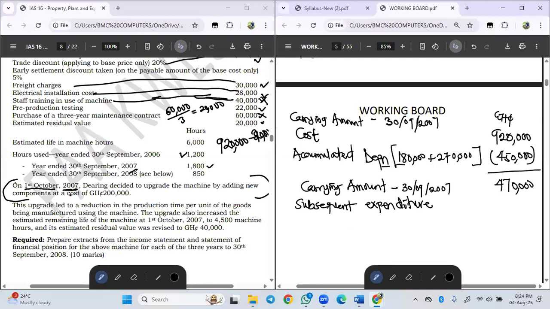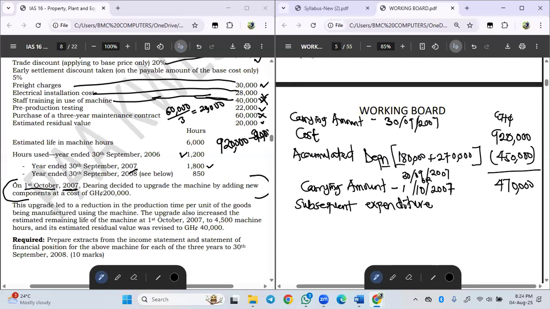If it happened somewhere in January, or maybe even November, then we would have to calculate 1 month of depreciation. But this one is the same date. So this carrying amount, you can just do it as 1st October 2007, or 30th September 2007, because this is the beginning of a new period and this is the ending of the old period.